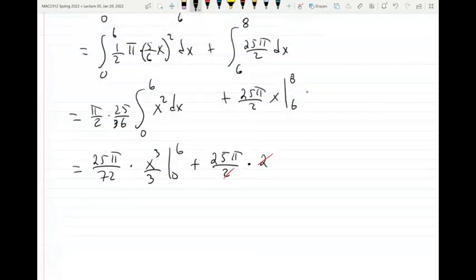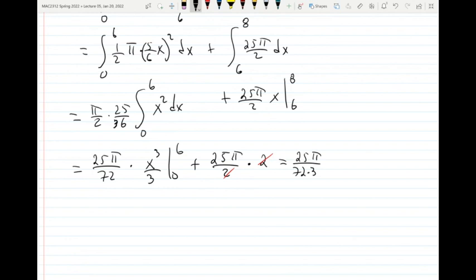And then here we end up with 25 pi over 72 times 3. And then I have to put 6 cubed minus 0, which is just 6 cubed, plus 25 pi. And now let's simplify this.